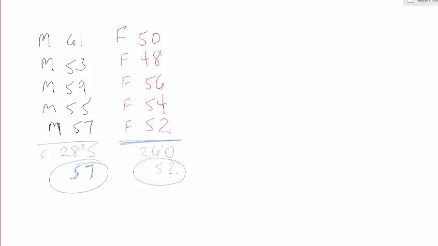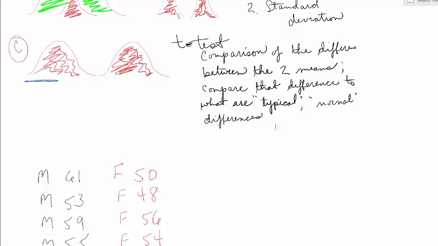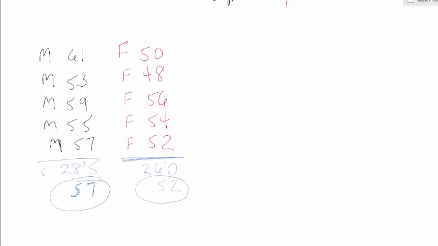So what do we know now? We know we compare the differences between the two means. What's the difference between the two means? 57 minus 52. It's the difference between the two means. Now we want to compare that to what we might call normal standard differences.